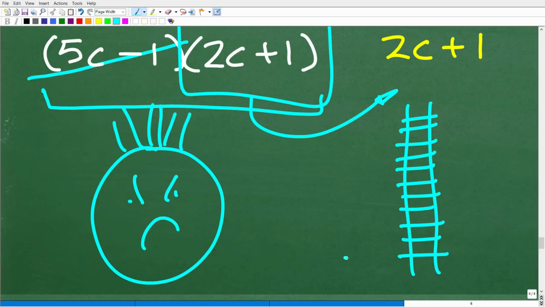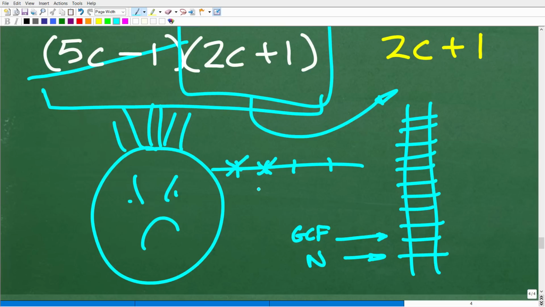You cannot rush this stuff. So in other words, if you don't know how to factor numbers, okay, you're going to have a tough time factoring polynomials. If you don't understand how to factor out the greatest common factor, well, you're not going to be able to factor trinomials. So everything kind of builds upon itself. So if you don't understand a particular skill that you're learning, let's say in a math course, if you have a tough time on this chapter or this chapter, well, you just can't be like, well, I hope I never see this stuff again. No, I can promise you these skills will be needed in the future.